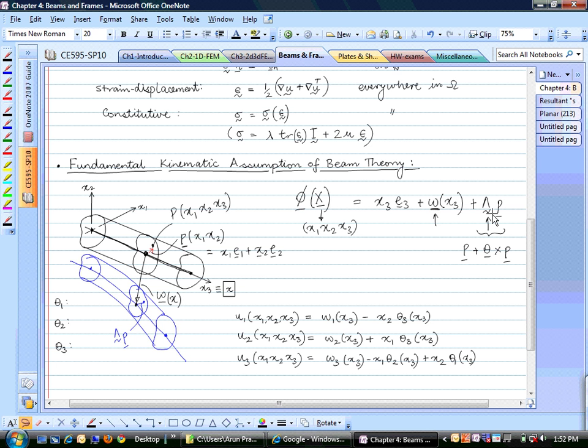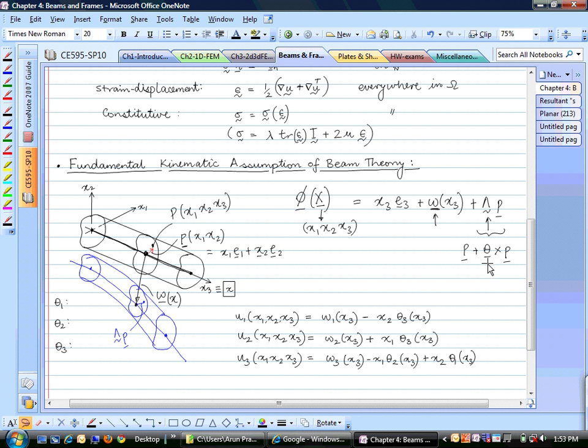Try to imagine that this is a long beam, and these are all these cross sections. If this is a vector P inside the cross section, it rotates with the cross section. We are trying to characterize the motion of this rigid body with a rotation tensor. And if the rotations are small, then we can write this lambda cross P in this form.